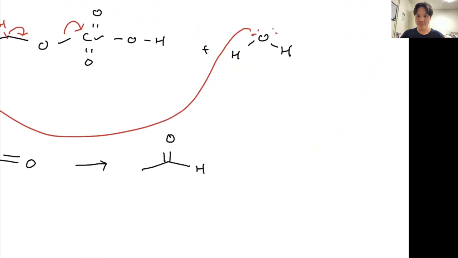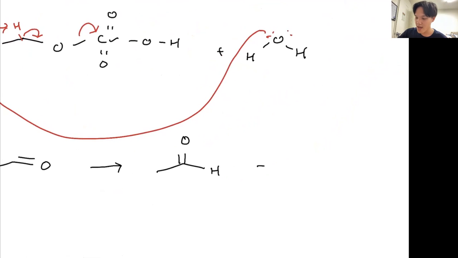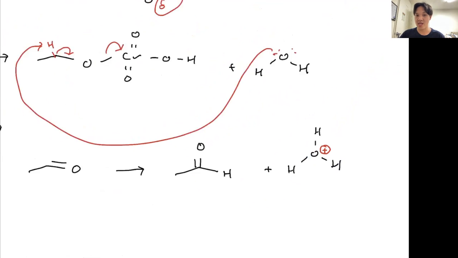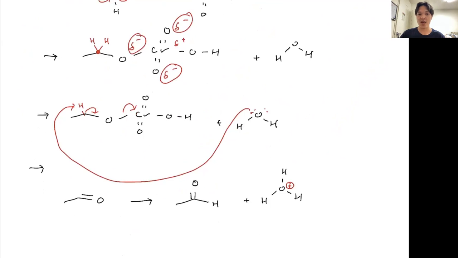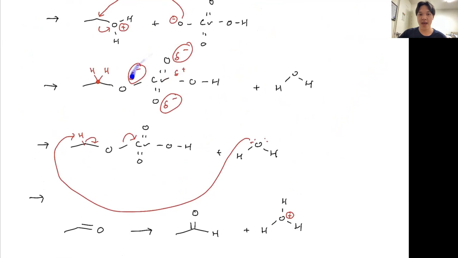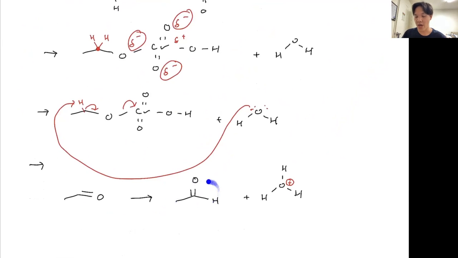And also, now that we have this, we can further react this because now we are still in acidic conditions, right? And then you can actually do some chemistry. I suggest you try this by yourself, but we proved that we can, one, oxidize a primary alcohol into an aldehyde, right?